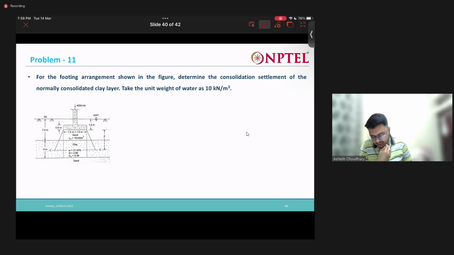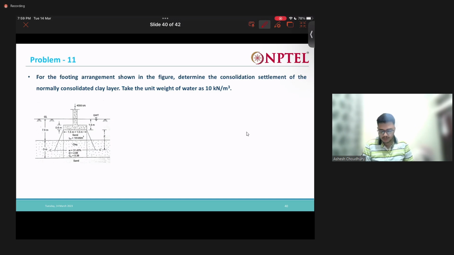The dimension of the footing is given as 1.5 meter into 1.5 meter, and we need to determine the consolidation settlement of the clay layer. There is sand at the top and the bottom, so the clay will consolidate due to the drainage, and so we need to find out the consolidation settlement.